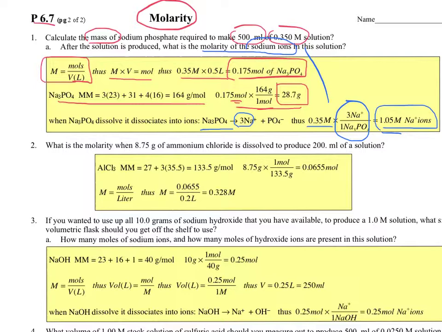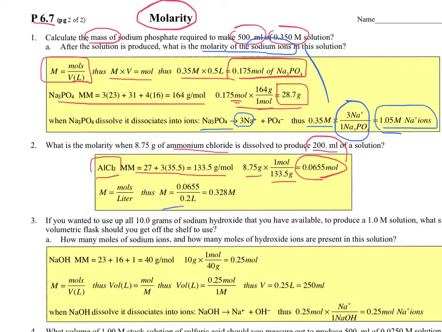Right then, on to question 2. What is the molarity when 8.75 grams of ammonium chloride is dissolved to produce a certain volume of solution, 200 mils? Well, you need to be able to write the formula correctly and add up its molar mass, which will then allow you to take the mass in grams, divide by the molar mass, to be able to know that we are going to be putting 0.0655 moles of this chemical into our 200 mils.